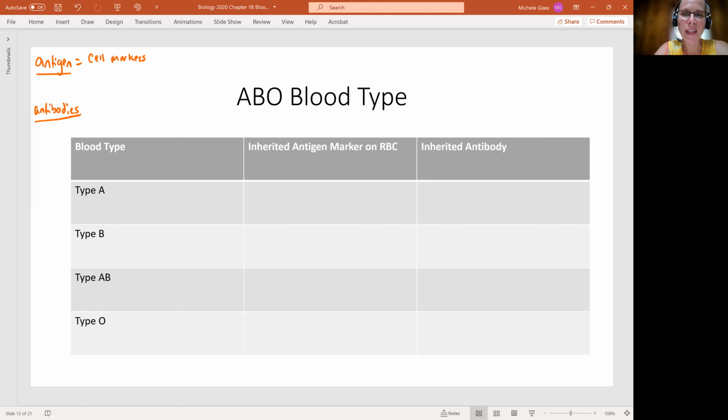They're actually part of that extracellular matrix, if you remember that. And you should think about these as proteins, part of that cell membrane, and they're not recognized as self.